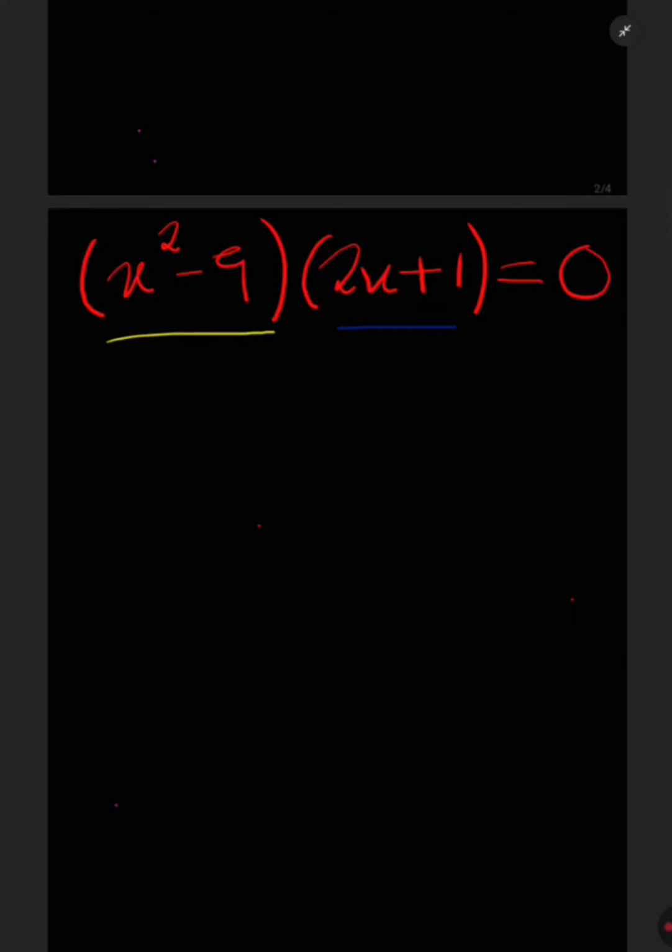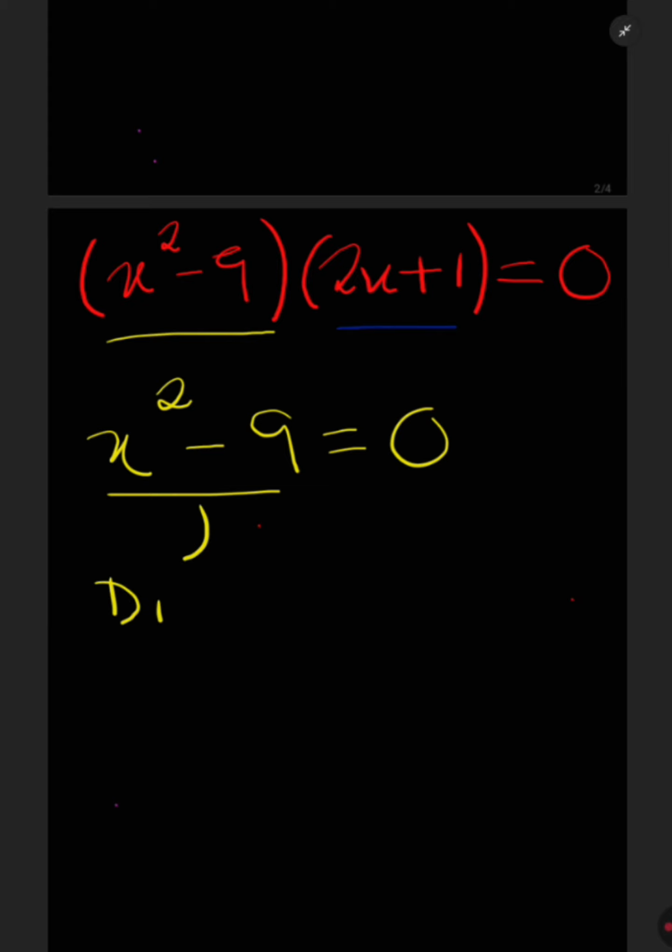Let's begin with the yellow factor. You shall have x squared minus 9 equals 0, because we said each factor should be equal to 0. But looking at this, x squared minus 9 is the difference of two squares.